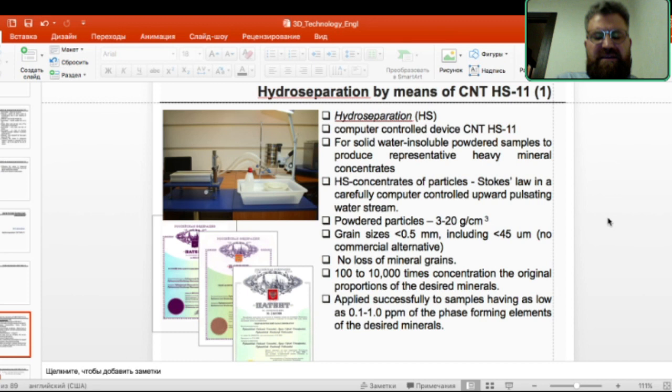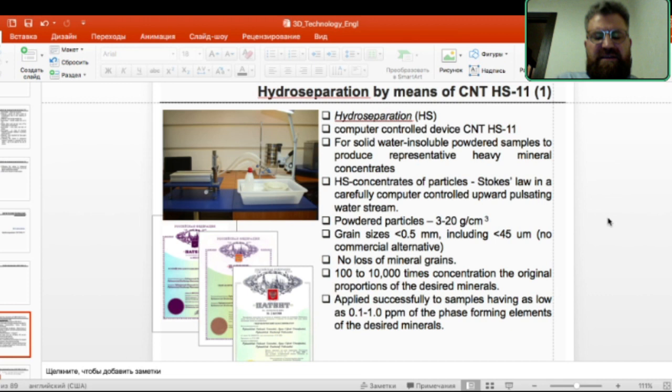But the hydroseparator does it very well, even better than on a coarse size, because it's so sensitive. There is practically no loss of mineral grains, and the concentration factors are up to 10,000 times, sometimes even more. Whatever you have in your sample will be concentrated as heavy minerals by 10,000 times at least.